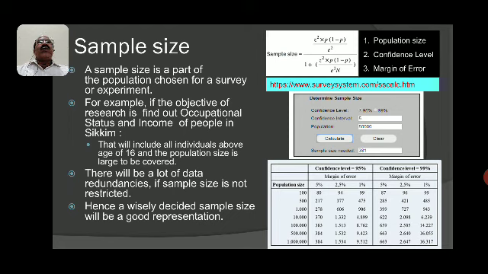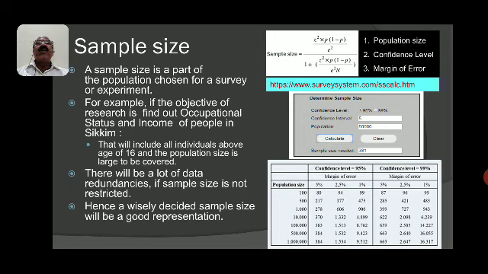We will include all individuals above the age of 16, because we don't consider a person engaged below 16, as that will be child labor. So you will not consider that. Suppose you are working exclusively on child labor, then you will take all the children who are engaged below the age of 16. So you have to keep it in mind.